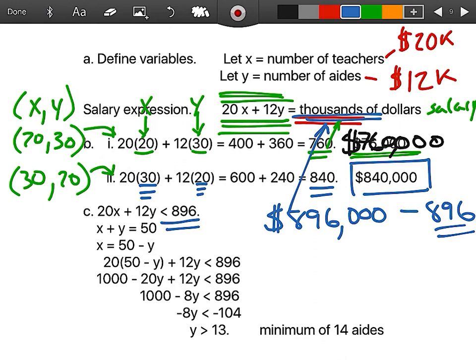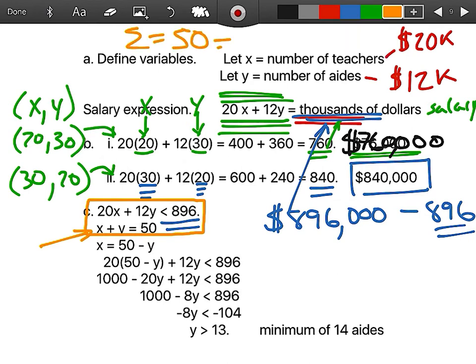So this is my system of equations here. Now you're going to say, where did this one come from? Well, remember at the very beginning they said the total number of faculty was 50 people, a combination of teachers and aides. So this second equation is what you're going to need.